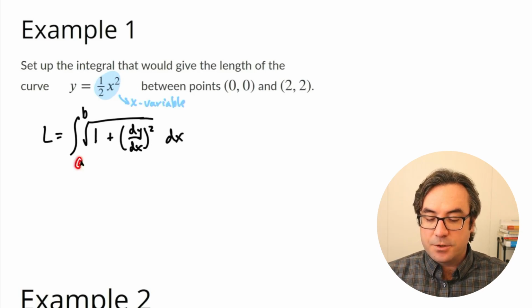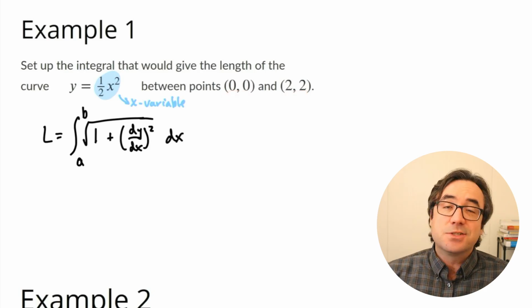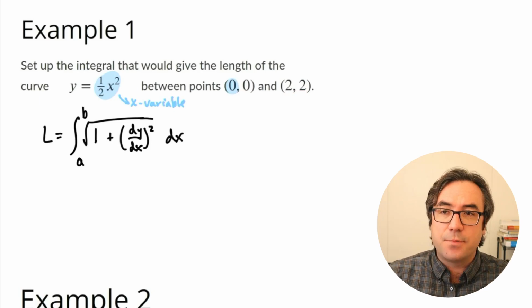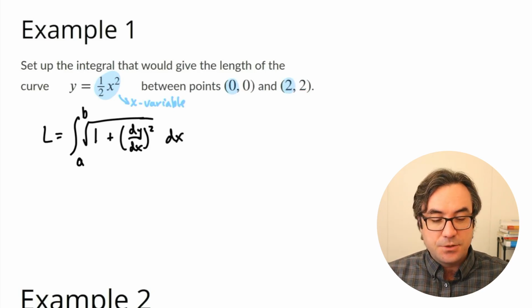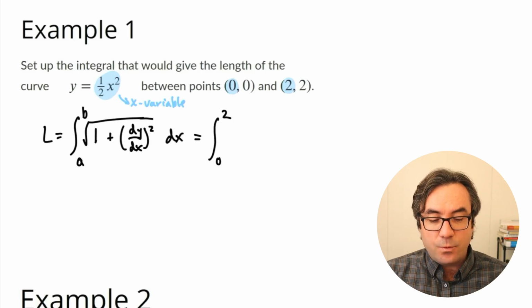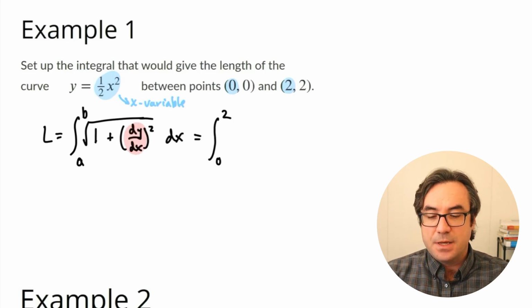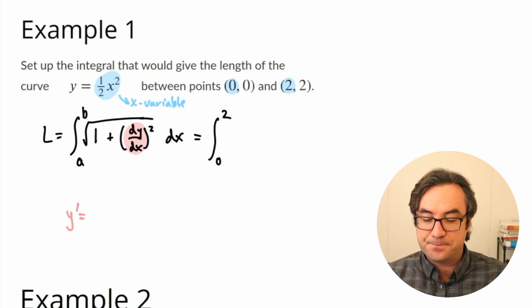To get the limits of integration, we have the 2 points that are specified, so let's figure out what the x coordinates are. We got 0 from the one point, and 2 from the other point. So those are going to be our limits of integration. We're going to integrate from 0 to 2. And then we also need to know the derivative, y prime.